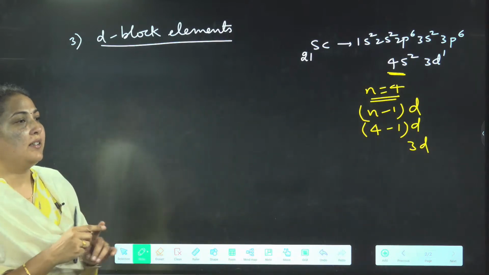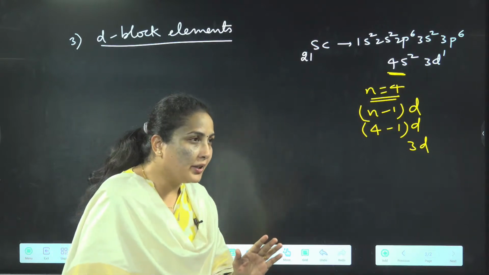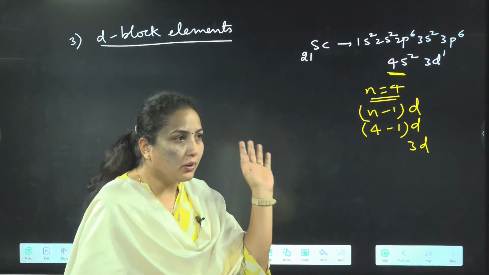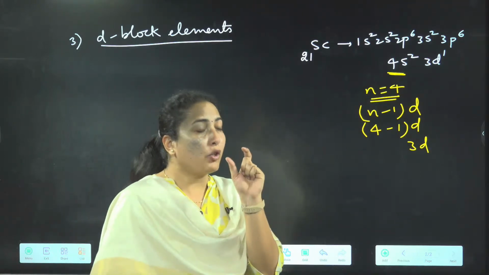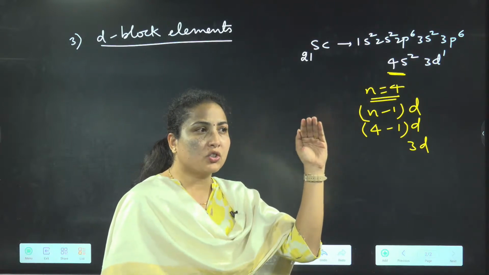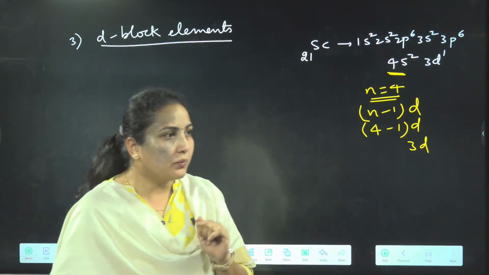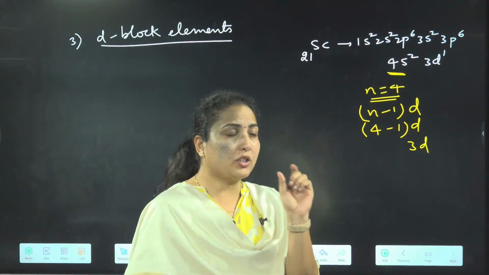So we'll say that the elements in which the last electron is entering into n minus 1 d orbital are d block elements. Now there is one more name for this n minus 1. N is the outermost shell, the ultimate shell or valence shell, we say, right? If it is n minus 1 d, what is the name of that n minus 1?